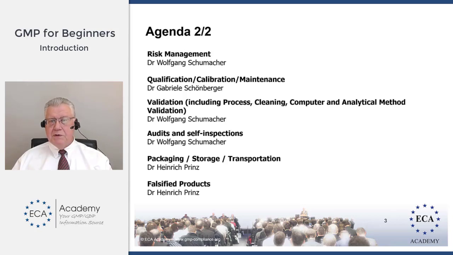Then we come to packaging, storage, and transportation. Heinrich will present this section to you. And last but not least, we are going to look to falsified products. What has to be done in the pharmaceutical industry in order to avoid the falsification of products. And this is then explained to you by Heinrich.